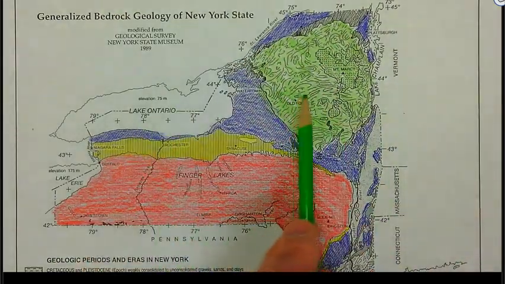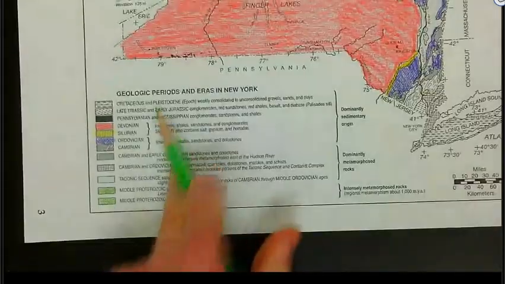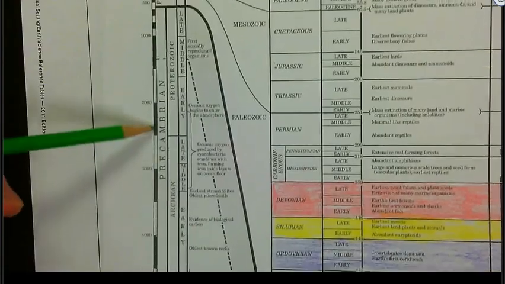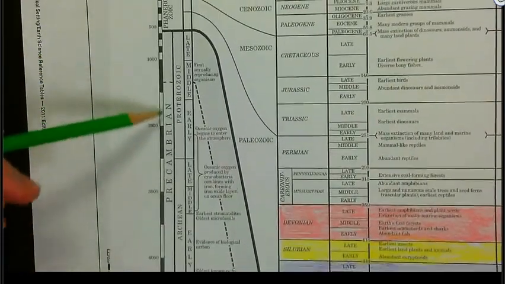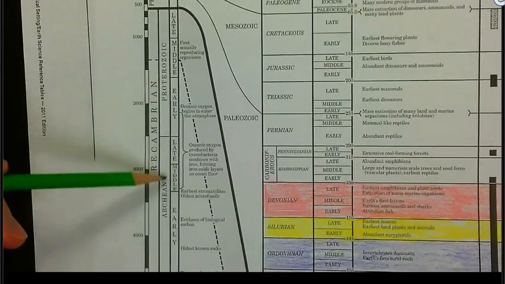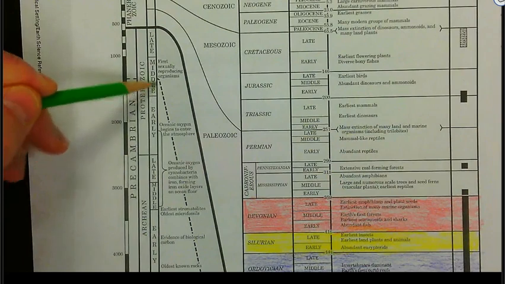Let's see where this now connects to page 8. Middle Proterozoic. This is Precambrian rock. So now we're coming over here to our Precambrian eon, sorry. And here's the Archean and the Proterozoic. We're talking about the middle Proterozoic.